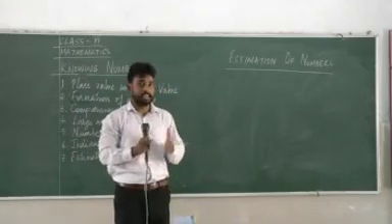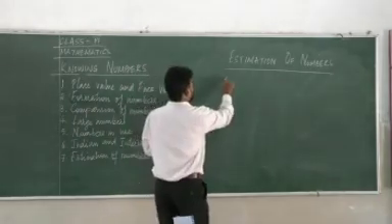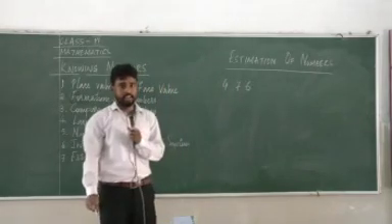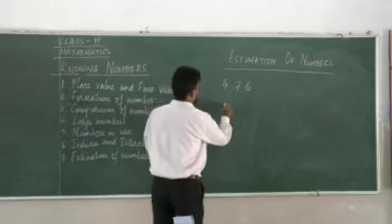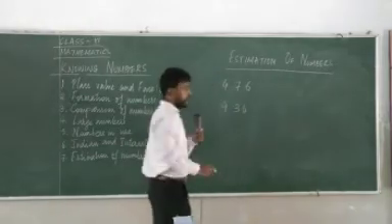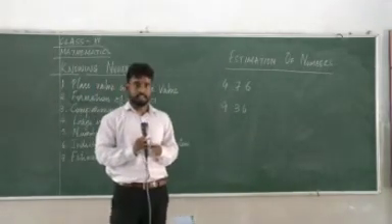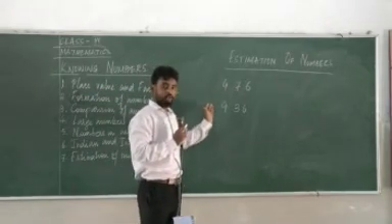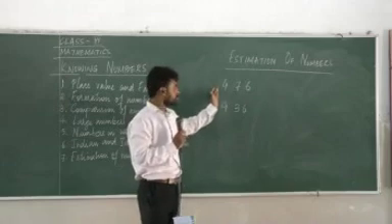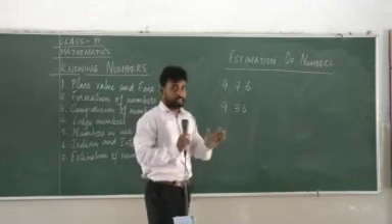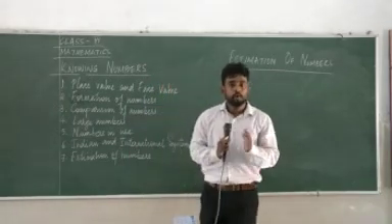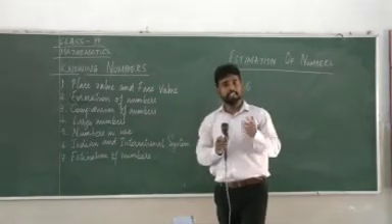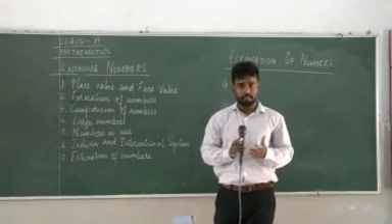So now let us take an example. We have 476 and we have 936. Now let us find out the sum of these two numbers. Always remember, when you are told to find out the sum of these two numbers, first of all you will estimate and then you will find out the sum.